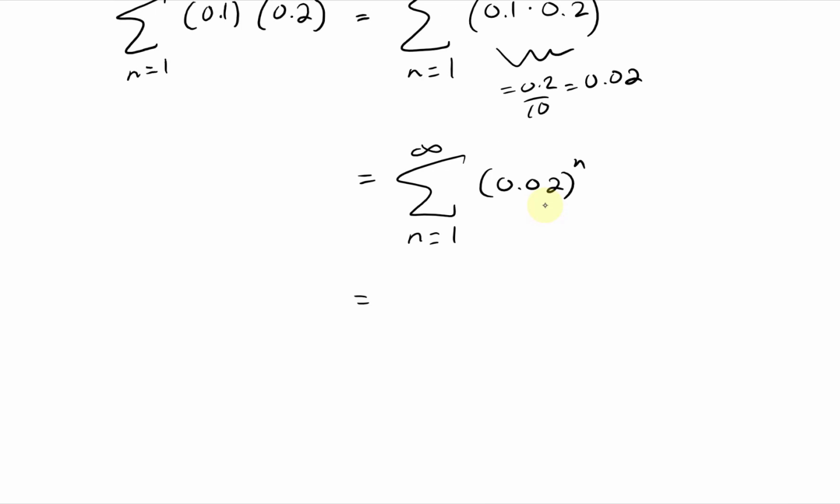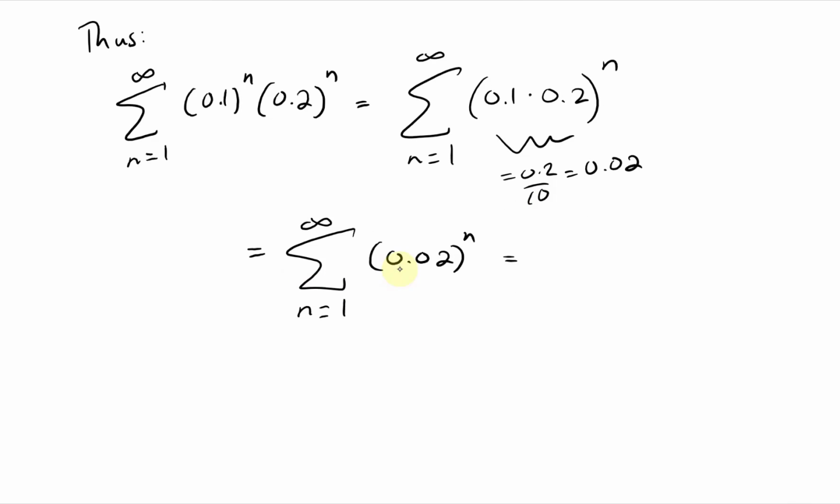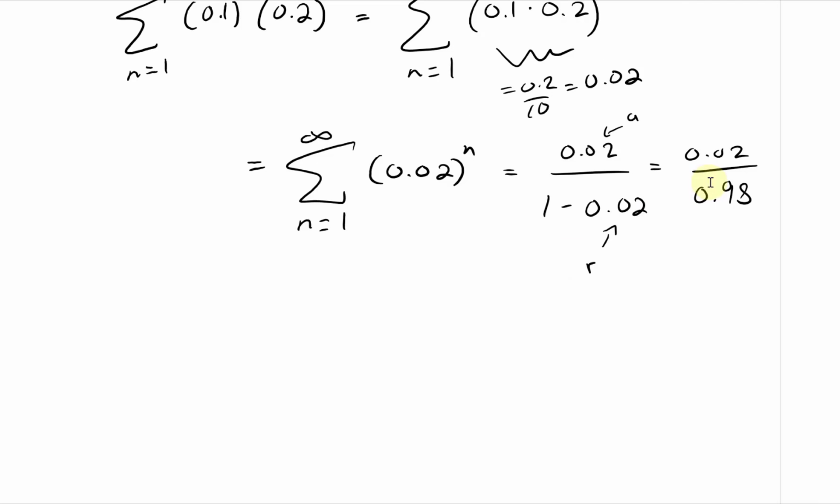So this equals 0.02 over 1 minus 0.02, which is 0.98. If we multiply by 100 on both sides, this equals 2 over 98, and then dividing by 2 on both sides, 49 times 2 is 98, so it's 1 over 49.